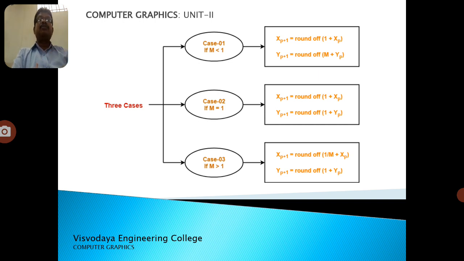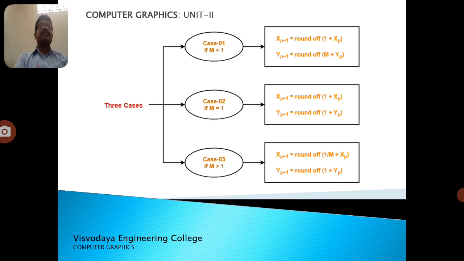Here the DDA algorithm, the digital differential analyzer algorithm, explains three conditions based on the m value. The first case is if m value is less than 1. Then we find the next coordinate xk plus 1 equals round of 1 plus xk.